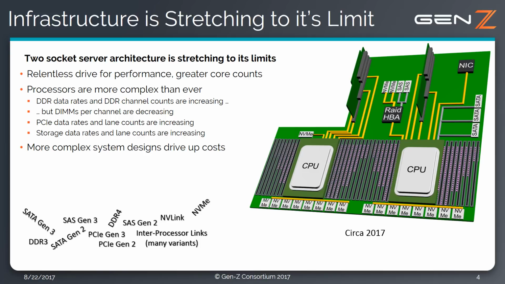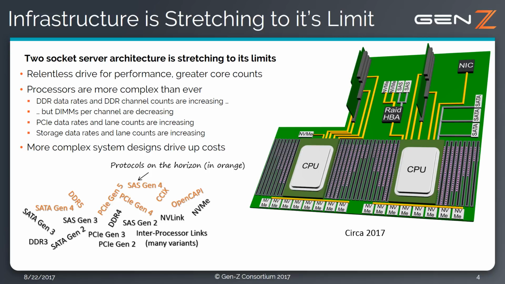At this point, we see that processors are well over 4,000 pins, and their size, complexity, and cost continue to rise. Finally, on the horizon, we see another generation of interconnects and bus technologies coming up, including DDR Gen 5, SAS and SATA Gen 4, and others, like GPU and coherent interconnects like CCIX and OpenCAPI.